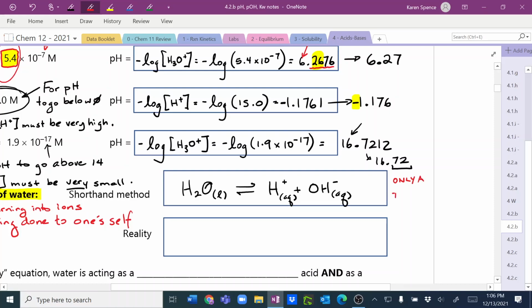Only a tiny amount of H2O is ionized. Most of it is just H2O together.